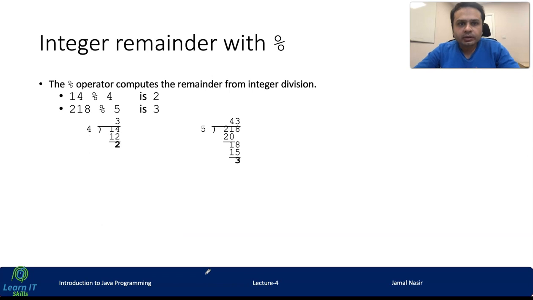We have another important operator, the modulus operator, which gives us the remainder. In many tasks, we do require remainders. The modulus operator works like this: if we have 14 divided by 4, this would be the mod answer, right?